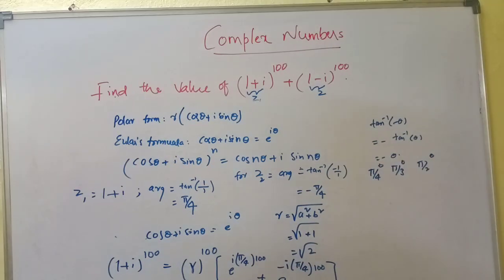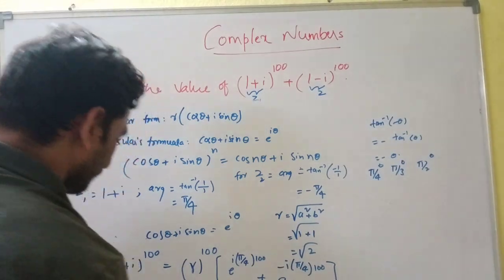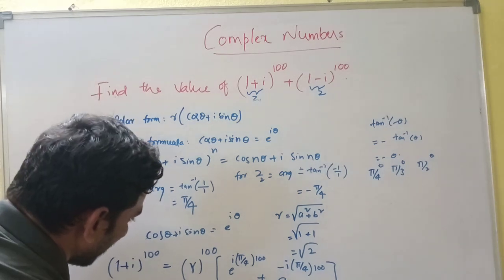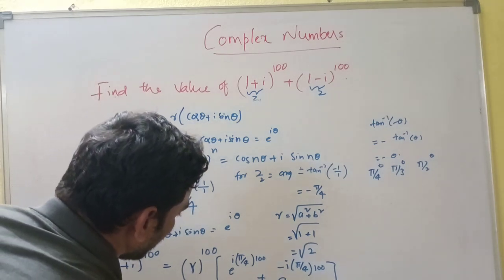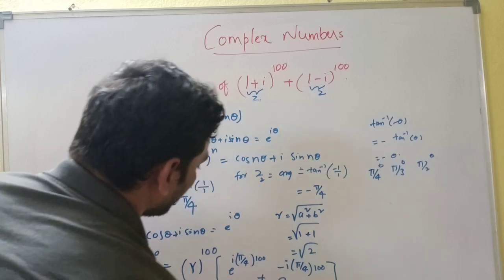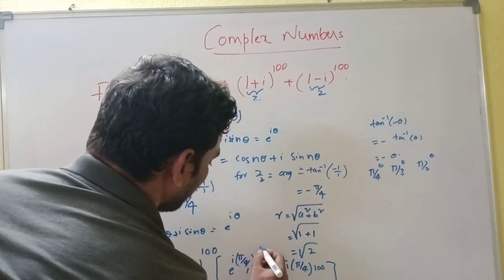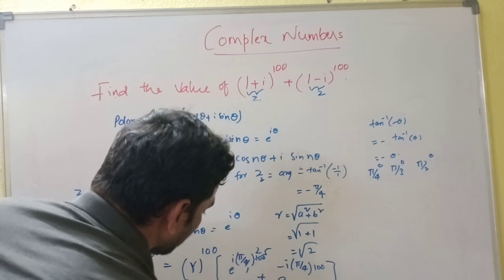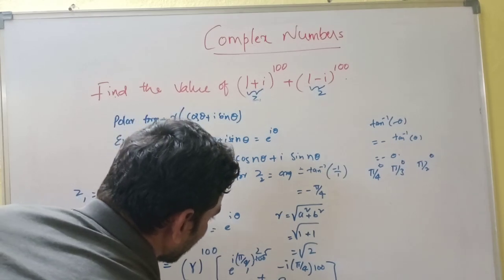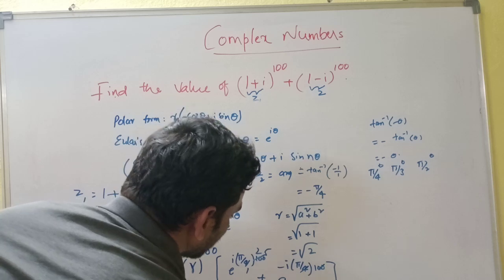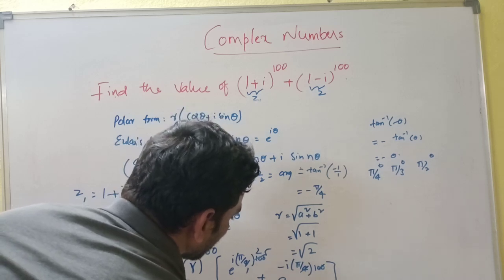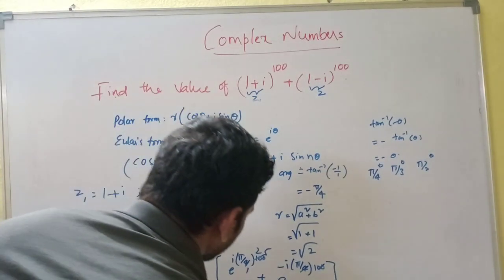This is how we can write it. R is root 2. Substitute root 2 power 100 into e power i into pi by 4 into 100. 4 ones are 4, 25s are 100. So e power i 25 pi plus e power minus i 25 pi.